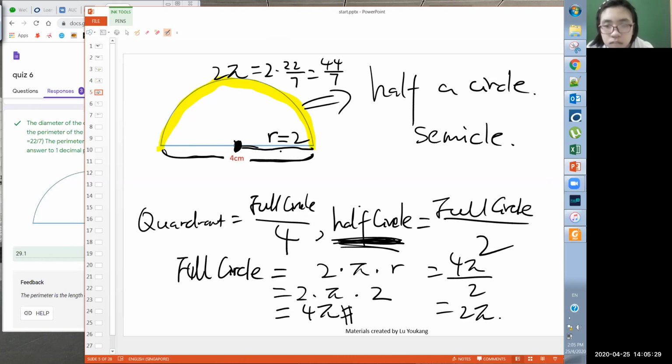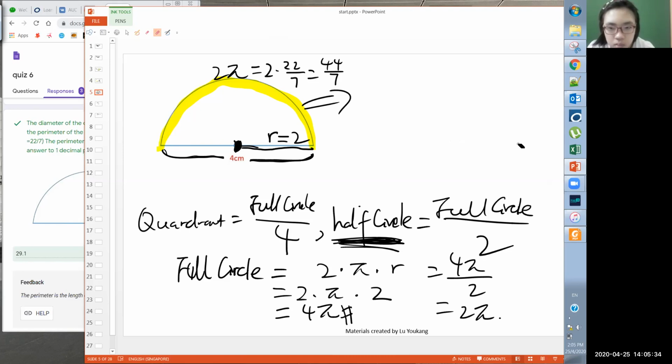So to find the perimeter, you add, right?